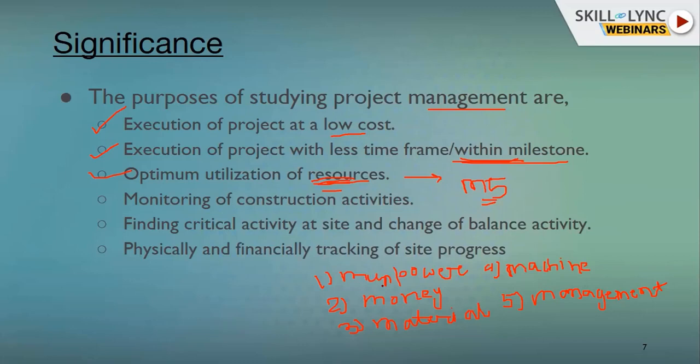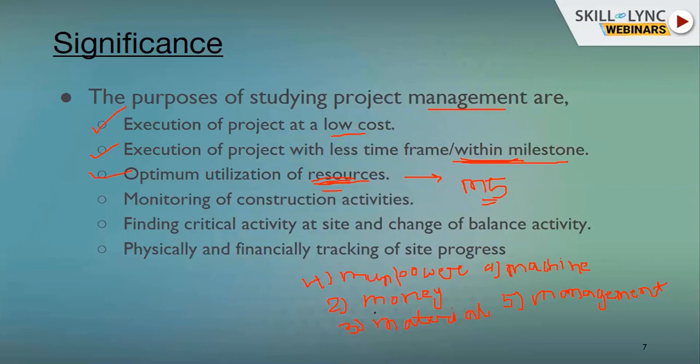So we will learn optimization and utilization of resources. If there is a large project, we cannot have too much labor at the site, as that increases the financial cost, so we need to optimize the manpower.